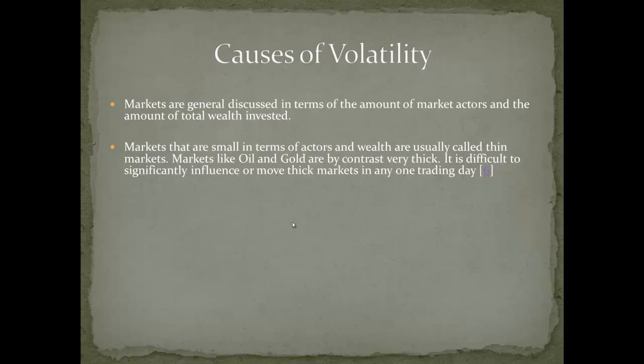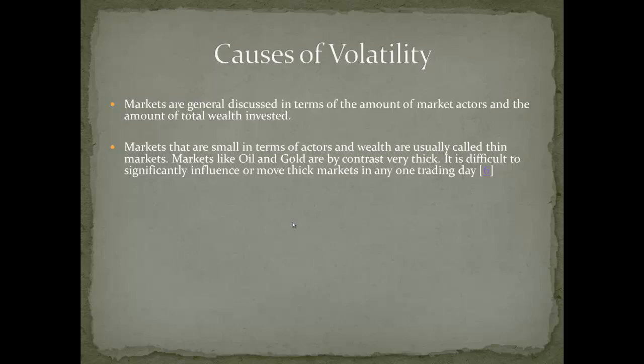That doesn't necessarily mean that thick markets are not volatile. Oil, for example, before the financial crisis, traded at an all-time high for West Texas Intermediate at $140 per barrel, or give or take, and it crashed to nearly $40 per barrel within just a few month period. So it lost $100 per barrel value. It's significant.